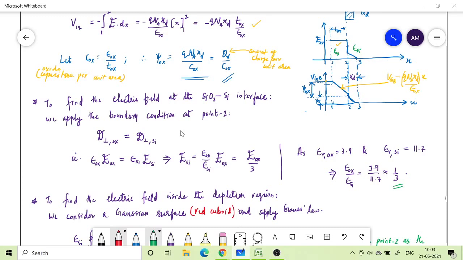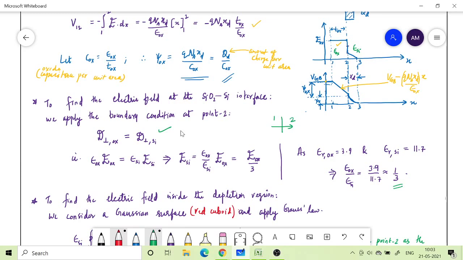Okay, so if there is a material 1 and material 2, and a flux line is passing, then the number of flux lines entering from this side should be the same as the number of flux lines coming into the other side. That's why we say that D, the perpendicular component to the surface, should be the same on both sides, in the oxide and silicon interface we are considering.